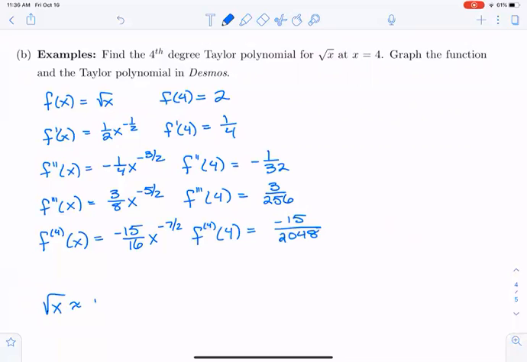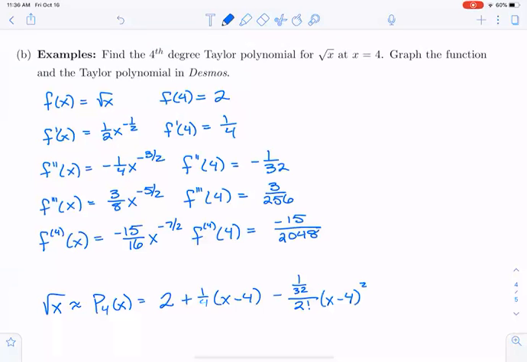Okay, so we can approximate square root of x by a Taylor polynomial of degree 4. And it looks like this. It's going to be 2 plus 1/4 times x minus 4, because it's times x minus a, minus 1 over 32 divided by 2 factorial, x minus 4 squared, plus 3 over 256 divided by 3 factorial times x minus 4 cubed.